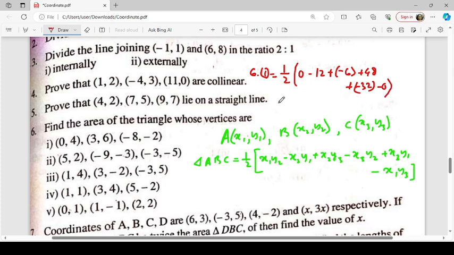So the answer is equal to half of, minus 12 minus 6 is minus 18, minus 18 minus 32 is minus 50, minus 50 plus 48.